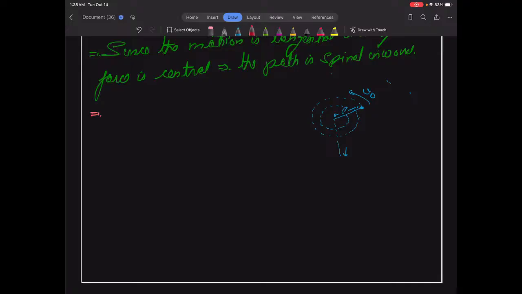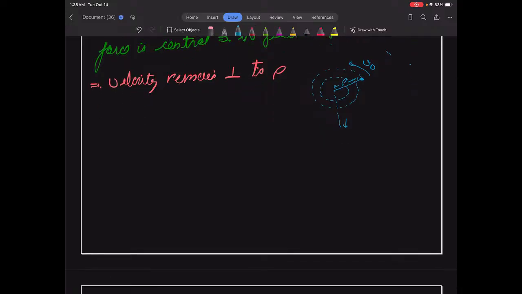Therefore we can say that our velocity remains perpendicular to our rho, that is our distance.